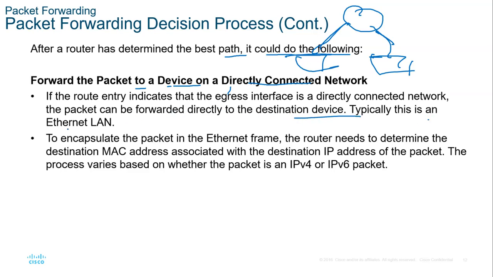Typically, this is what you call an Ethernet LAN. To encapsulate the packet in an Ethernet frame, the router needs to determine the destination MAC address associated with the destination IP address of the packet. And then the process varies based on whether the packet is IPv4 or IPv6.